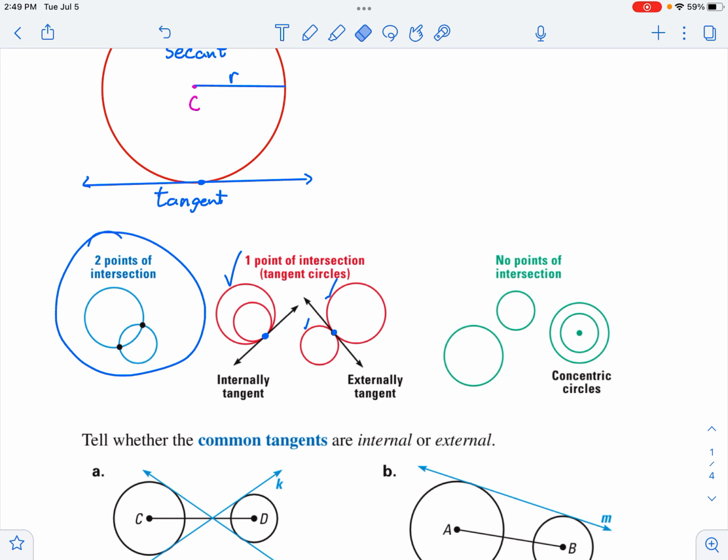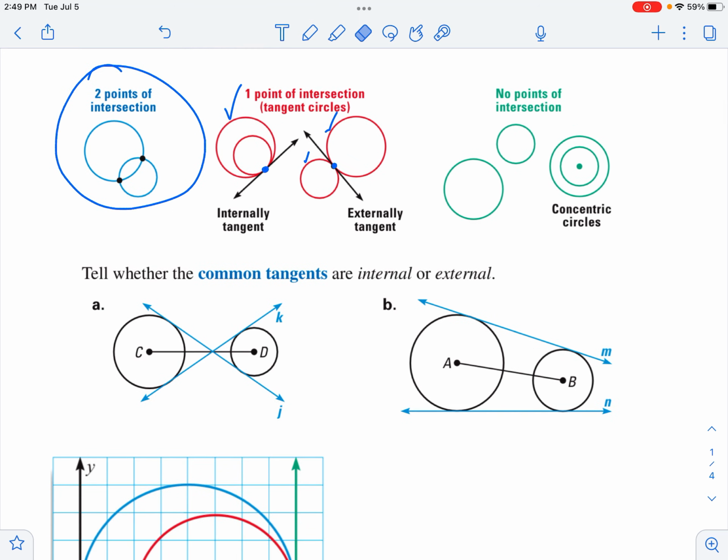Okay, more terminology. We want to talk about common tangents. If you look at parts A and B, here you have 2 circles and there are 2 tangents. There's tangent L and tangent K. Notice both of those lines touch both of those circles. They're tangent to both circles. Now here's the deal.